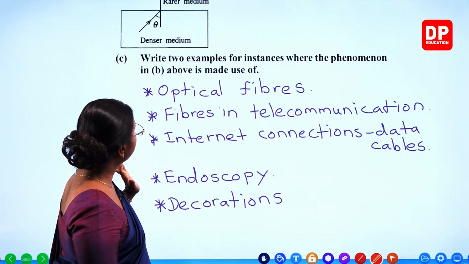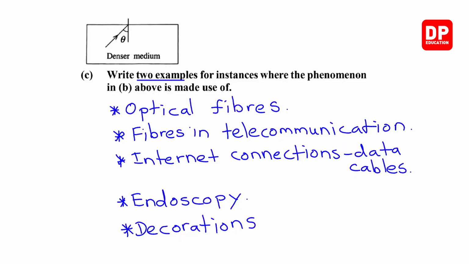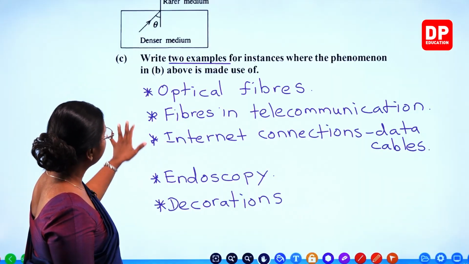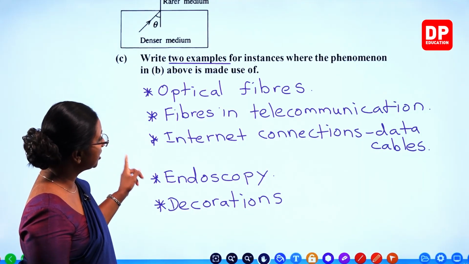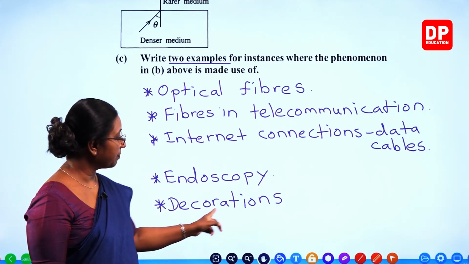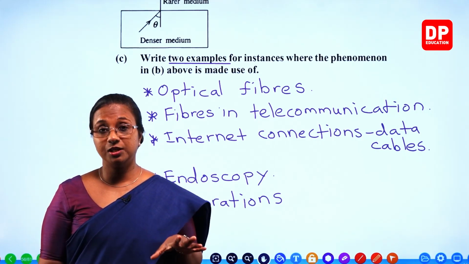So all these are possible answers. You only need to write 2 examples. You can write any 2 examples. So I have given you these answers: optical fibers, fibers in telecommunication, internet connections, endoscopy, decorations, and also you all are familiar with binoculars, students.